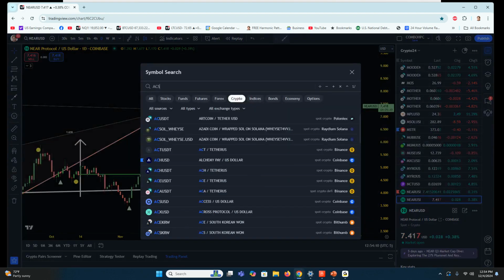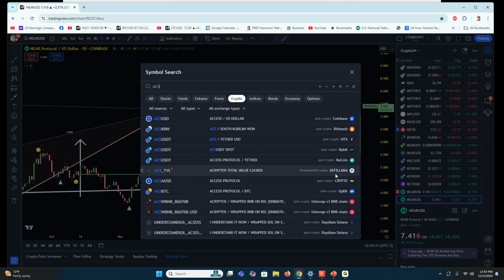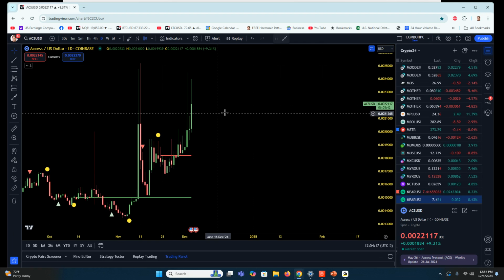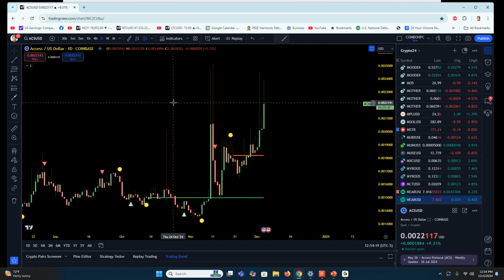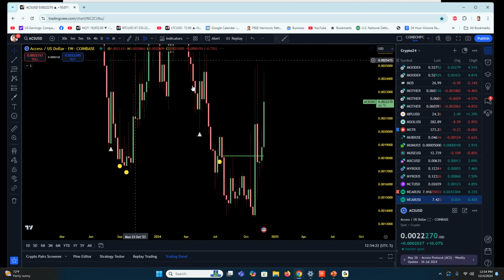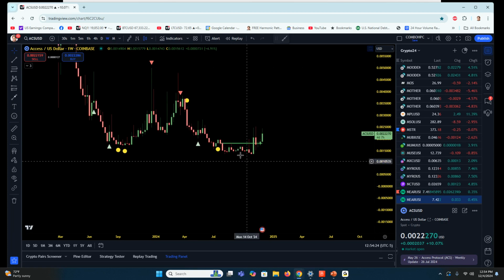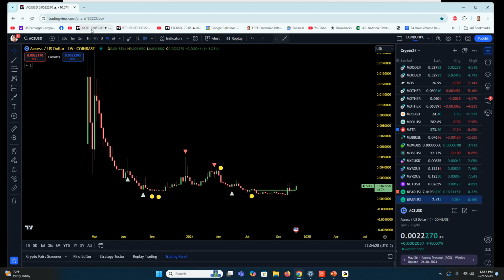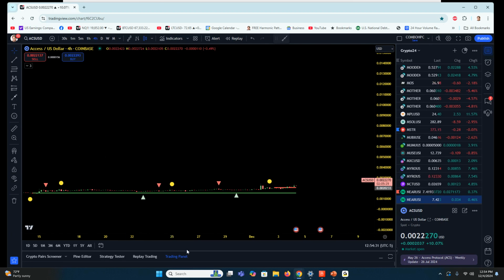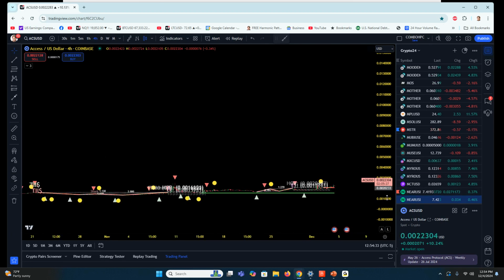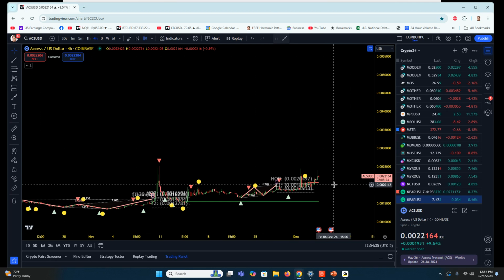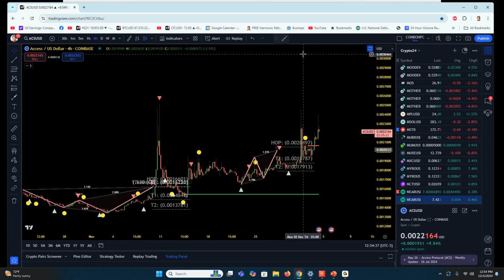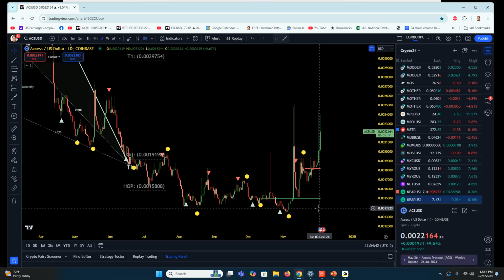Assemble, ACS, Access. This is, yeah, it's on Coinbase. Oh, that popped today. Here's the weekly on ACS. Okay, so just coming off the low right now. Where is it, 4-hour? Yeah, little patterns here on the 4-hour chart. This is what it was.